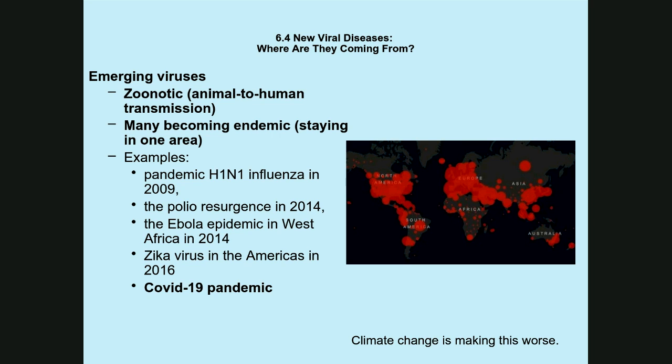Zika virus in 2016 in the Americas, North and Central and South America. So we see these, and then of course right now we have COVID-19 as our big problem, really big problem. And we do call it a pandemic because it is worldwide. And it is new to science.